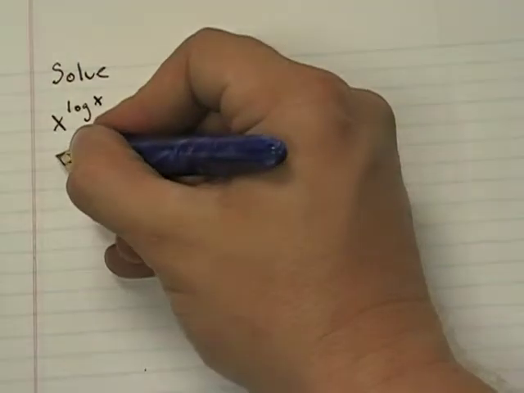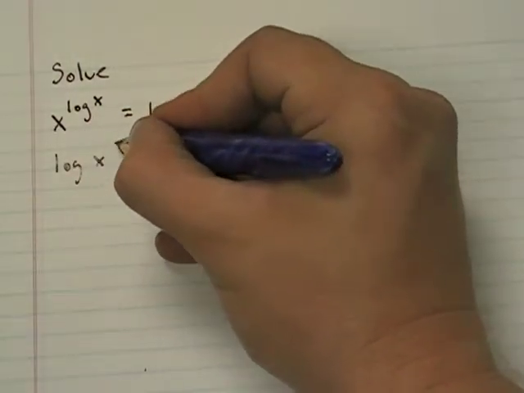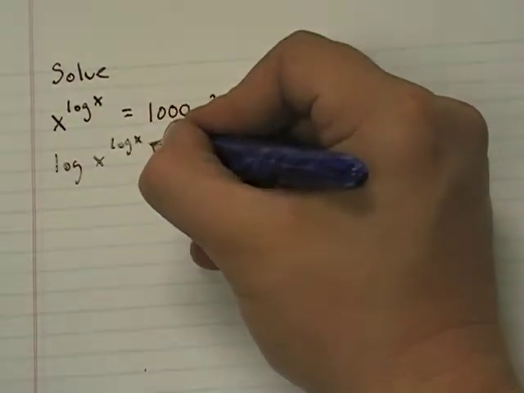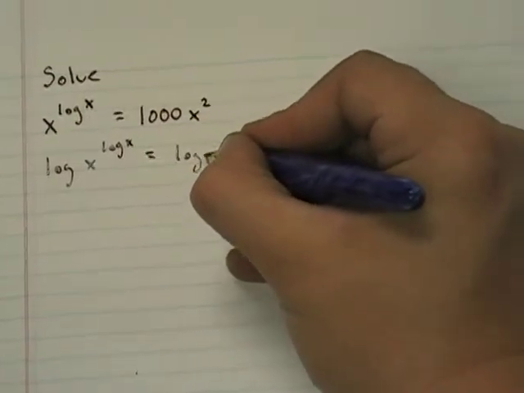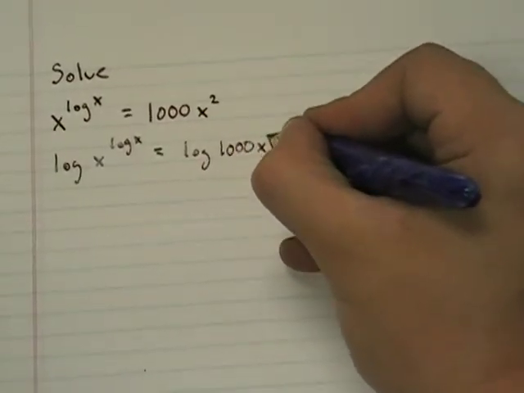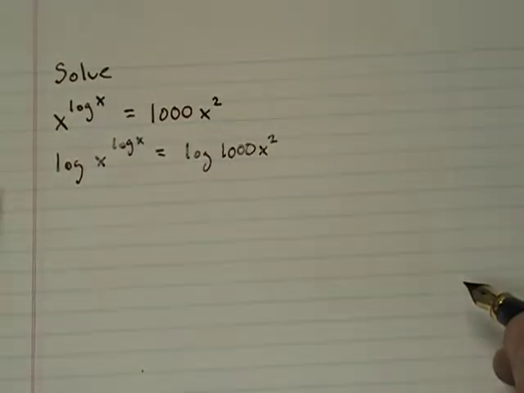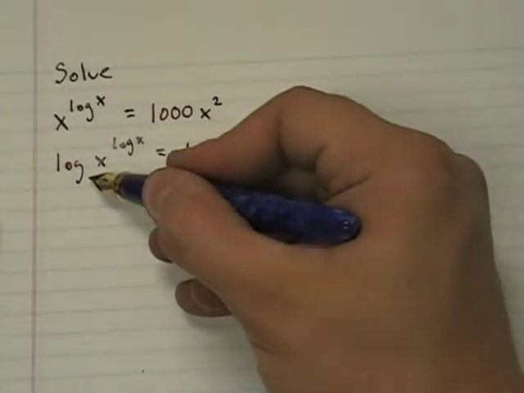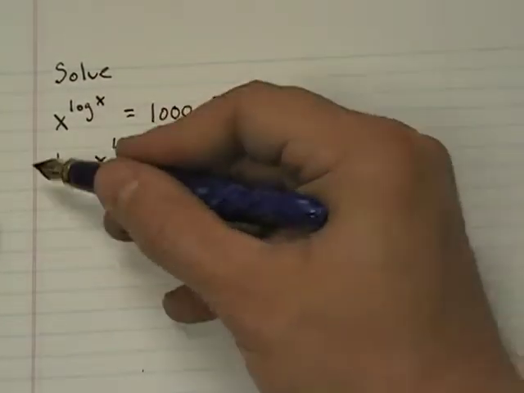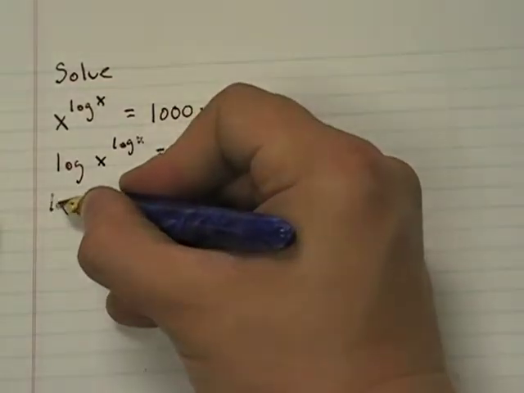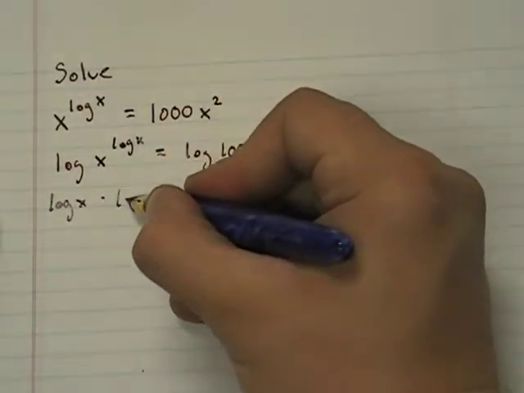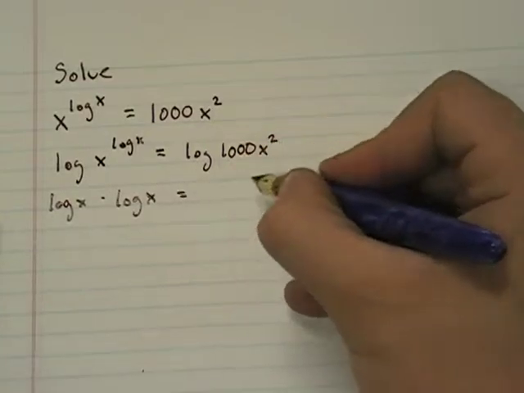So I'm going to rewrite these and say log of x to the log x power and log of 1000x squared. Okay? Now, on this left-hand side, this exponent can come out as a multiplier, so I get log x times log x.